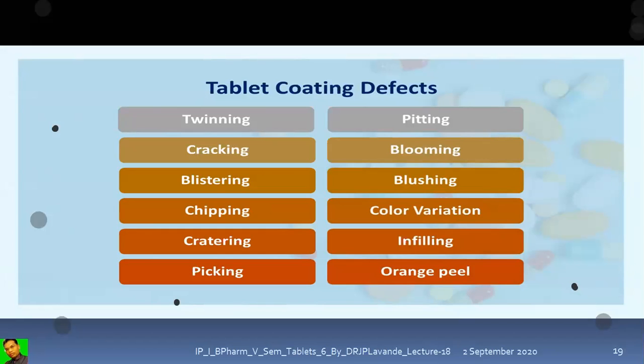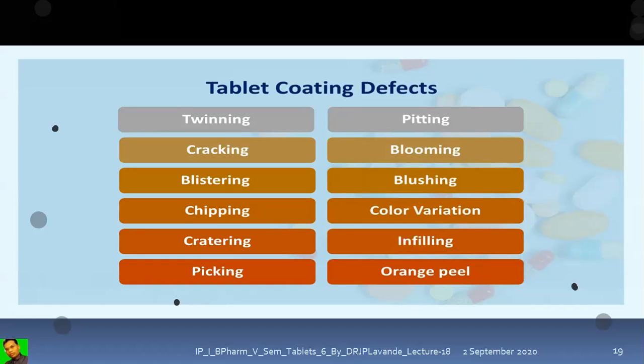So it is having various kinds of defects, and these defects can be summarized like twinning, cracking, blistering, chipping, cratering, picking, pitting, blooming, blushing, color variation, infilling, and orange peel. So all these are some of the defects that very commonly we are going to find in the coatings.